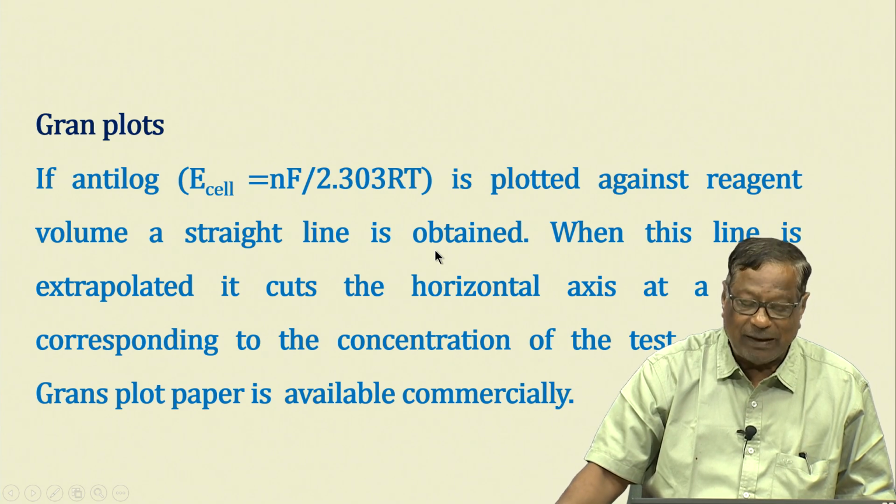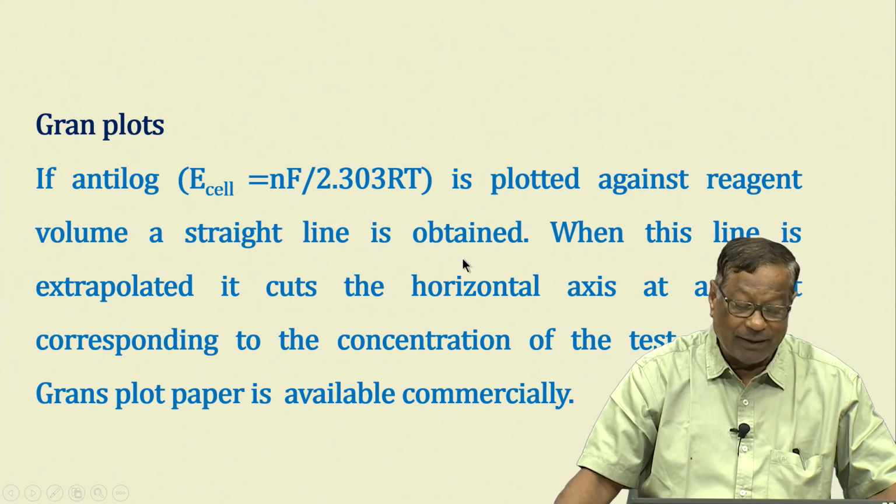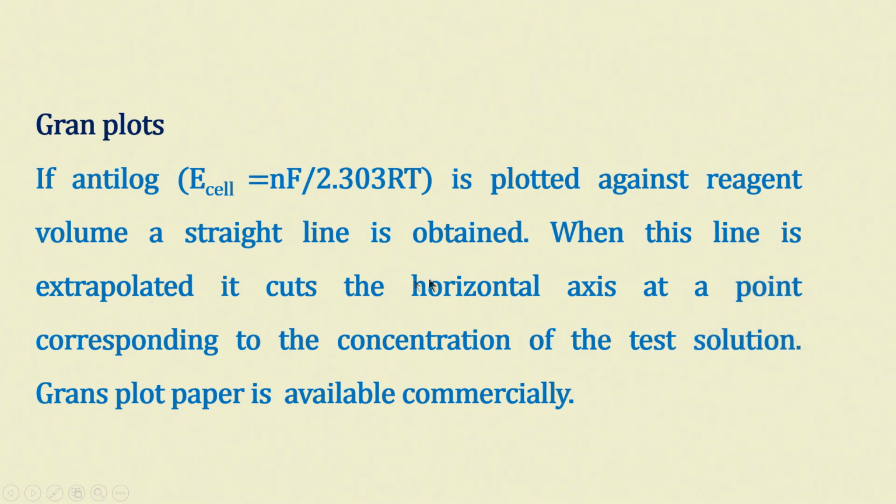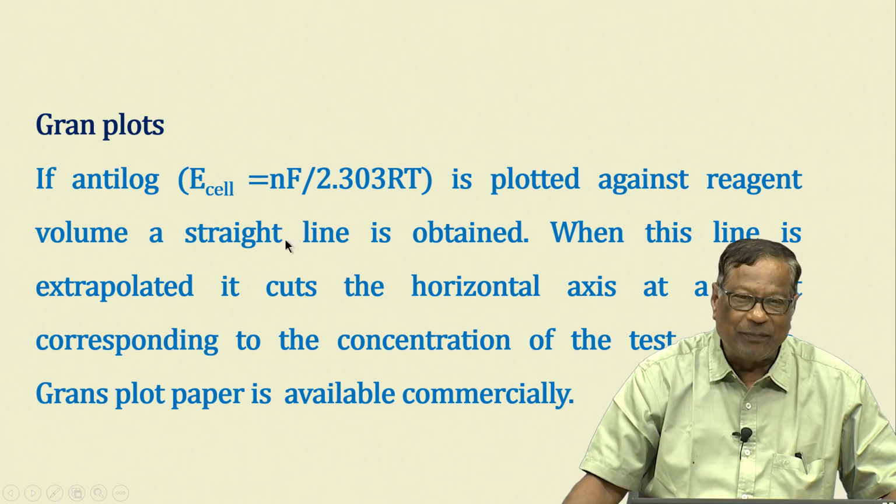This is a very simple concept. When this line is extrapolated, it cuts the horizontal axis at a point corresponding to the concentration of the test solution. So, Gran plot papers are available commercially because you have to plot the anti-log value of nF by 2.303 RT.